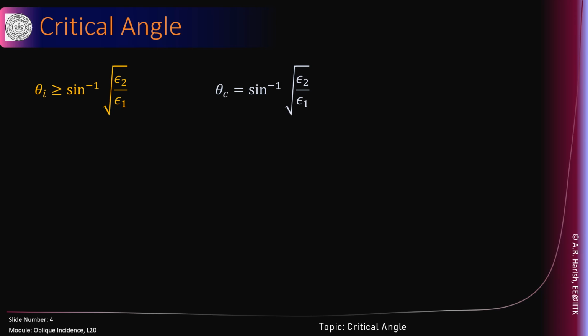So a wave must always travel from a denser medium and impinge on the interface with the rarer medium. Then if you choose the right incident angle, we can observe total internal reflection.